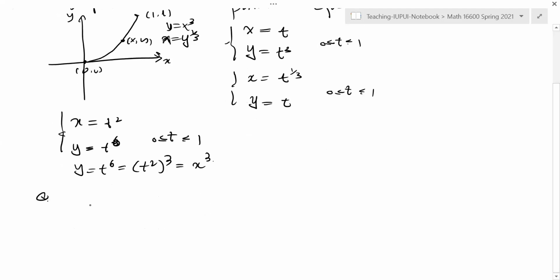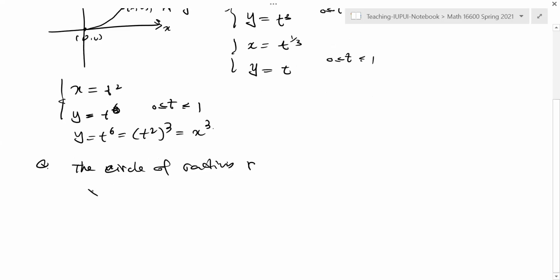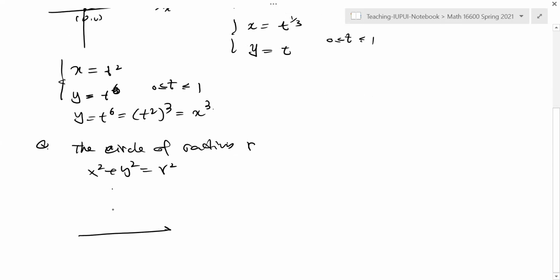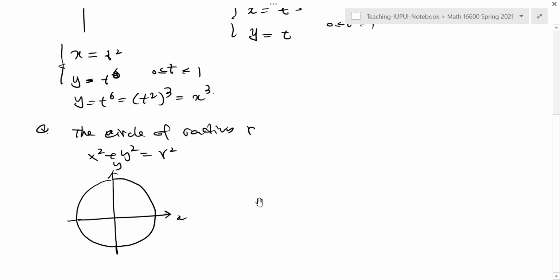Okay, so the second example, the circle. Let's consider a circle of radius r. The equation x squared plus y squared equals r squared describes the circle around the origin. How do you find the parametric equations?